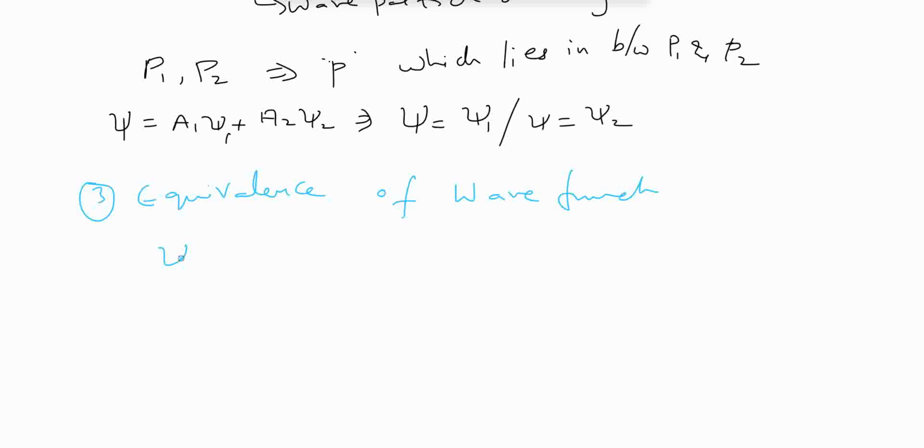Suppose ψ1(x, t) equals some complex constant α times ψ2(x, t). Then the physical observables remain unchanged regardless of which wave function is used, either ψ1 or ψ2.